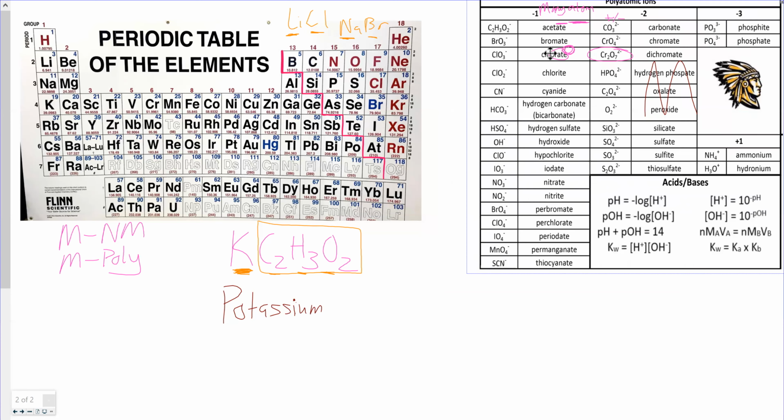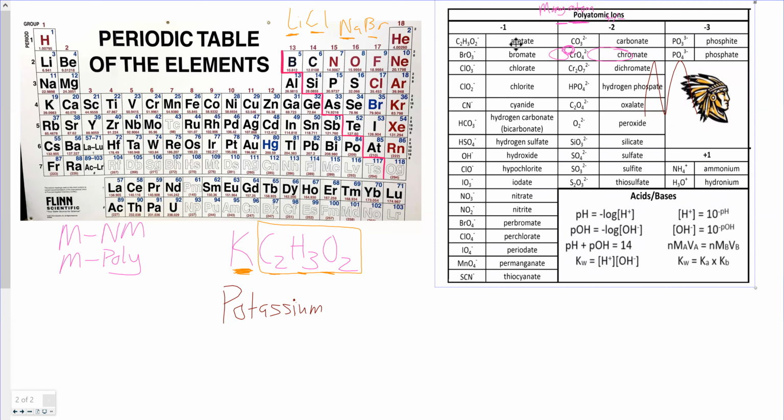It is right here, C2H3O2. So this is potassium acetate. It's that easy. That's the name of this. Potassium acetate. Okay, all right, let's do another one.